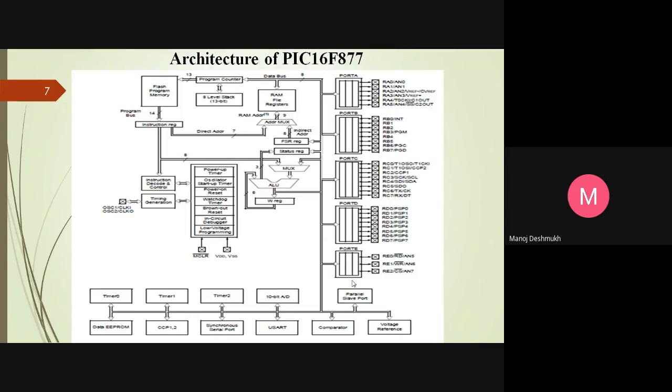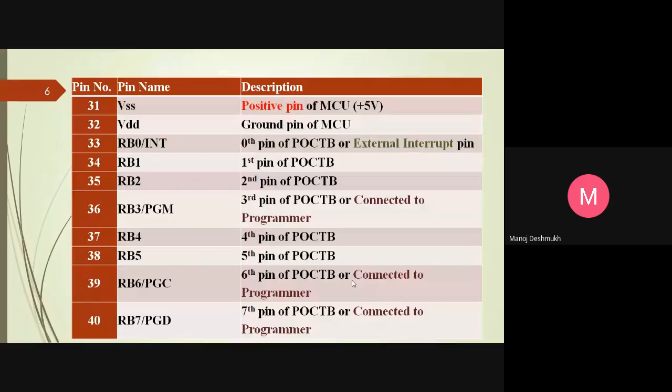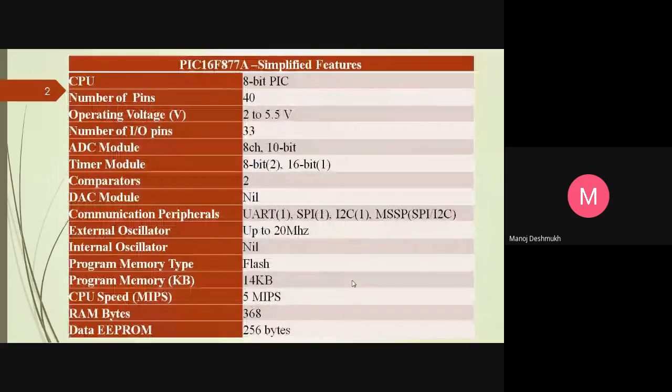As we discussed in the features, there are 33 IO pins along with 5 IO ports. IO ports are there, ADC module is there, timers are there, total number of timers 3, comparators are 2, and crystal is there, along with the communication protocols. All these peripherals are included in the architecture. RAM is there, ROM is there.